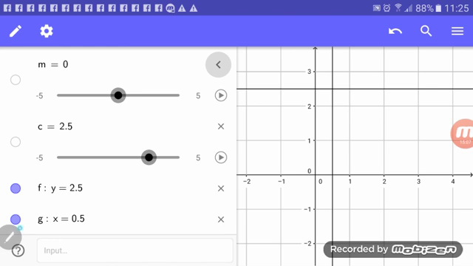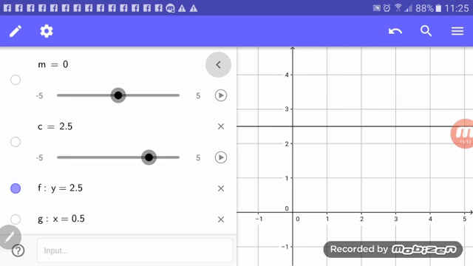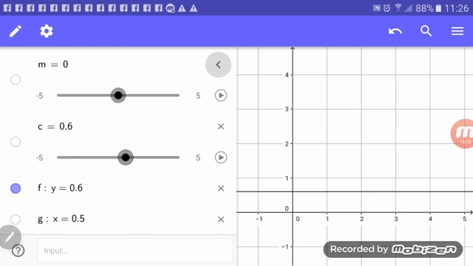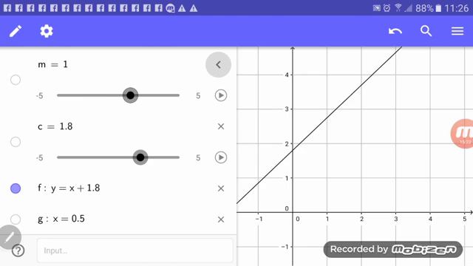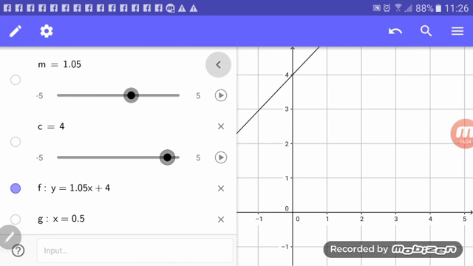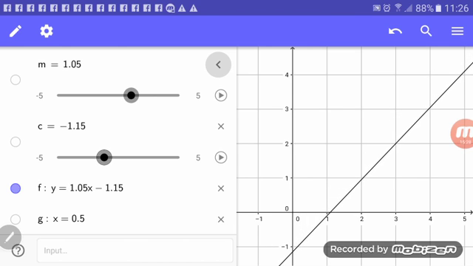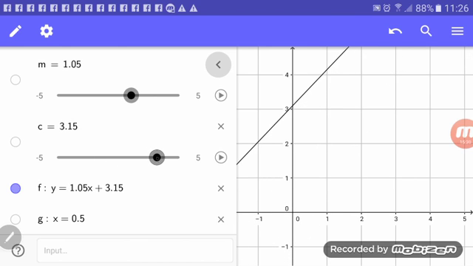So if I take that line off, going back to our now horizontal line with no gradient, as I change the C value, it goes up and down. Okay, but each time it's still got an X, it's still got the Y equals something times X, which is our gradient.